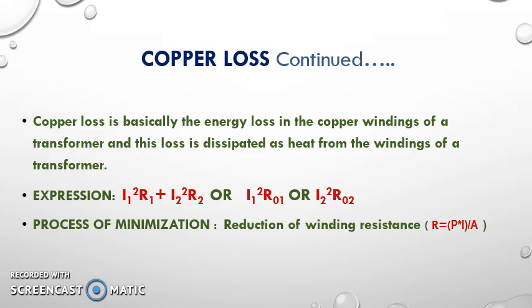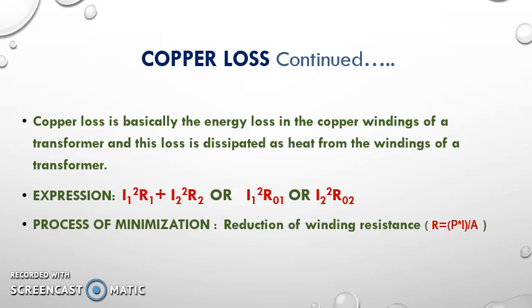And what is the expression of copper loss? Before knowing the expression of copper loss, you must know about the equivalent resistance of the transformer circuit. That means the resistance referred to the primary, or the total resistance referred to the secondary, or maybe separately R1 and R2, the resistance of the primary and the resistance of the secondary.